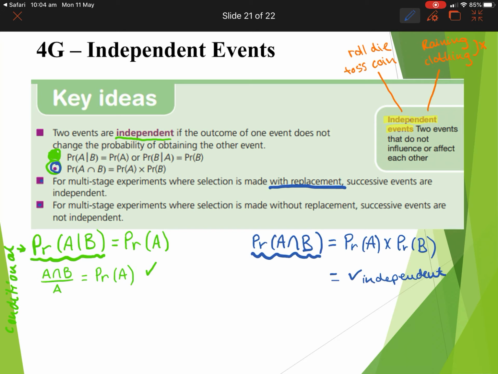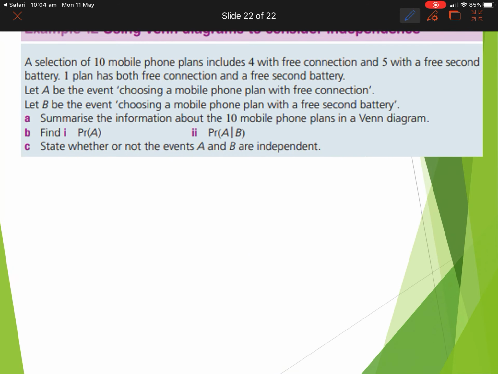But if you are doing multi-stage events without replacement, then the events are not independent. Because if you're choosing a red ball, taking the red ball out and not putting it back in, that does influence or affect the next event. So that's why anything without replacement is not independent. Let's do an example to see if this will make better sense.